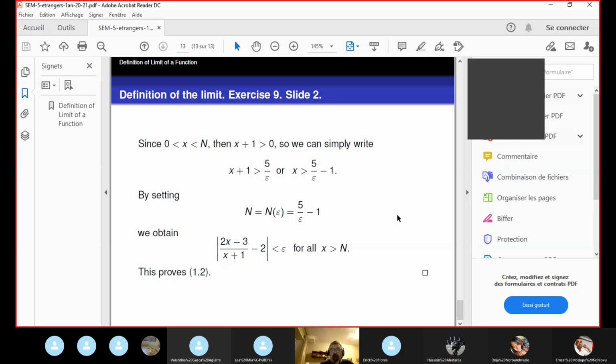Here n goes to infinity. It's not a function. It is really a sequence of real numbers. Understand?